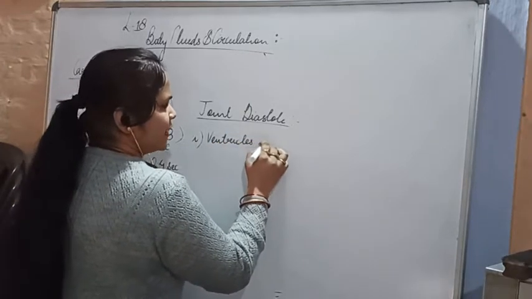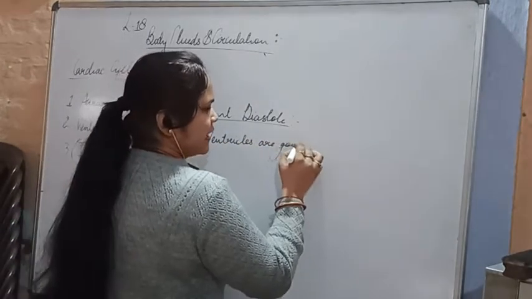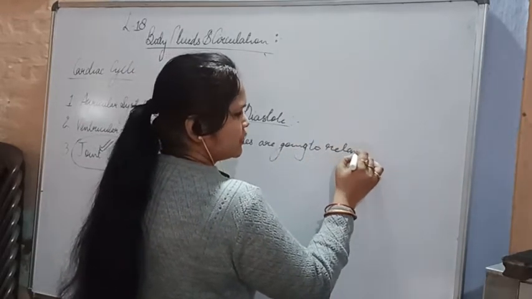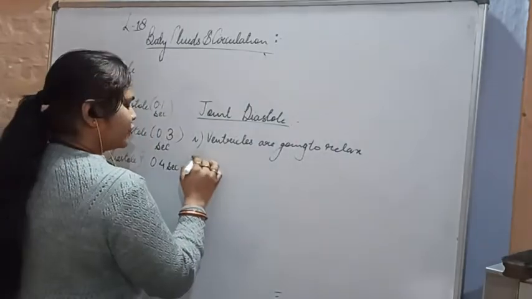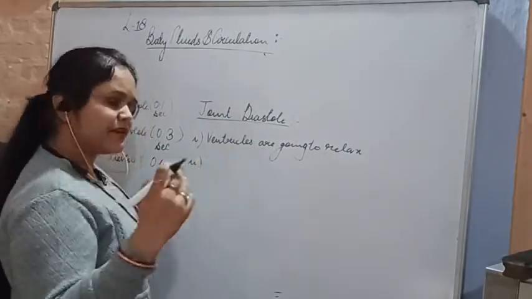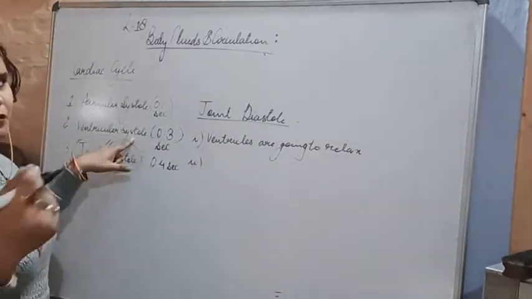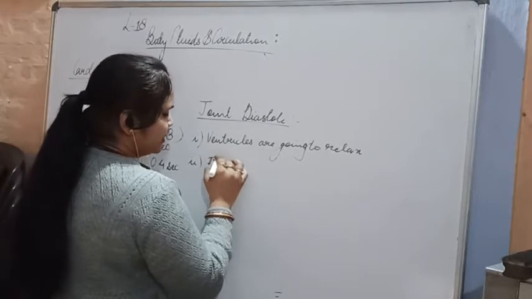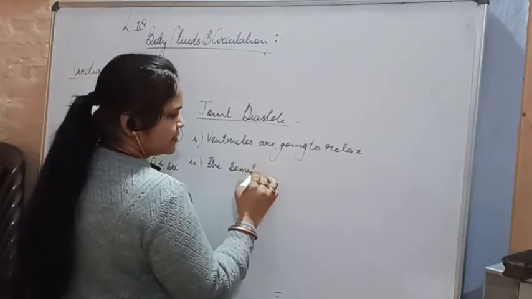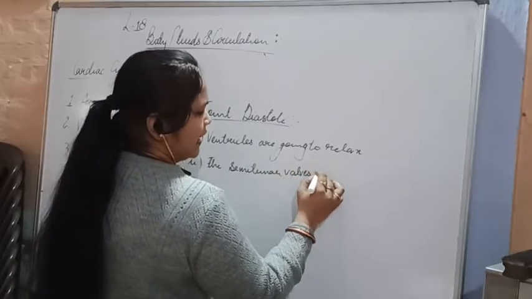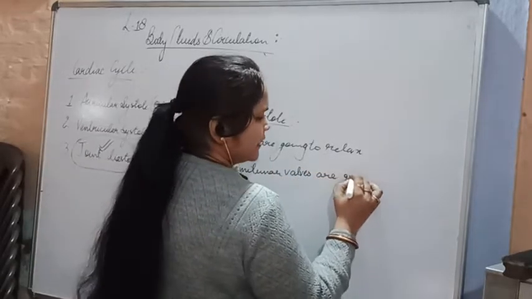Ventricles are going to relax. It means they are going into the diastole state. So when the ventricular systole is finished, they enter the diastole stage, and the semilunar valves are going to be closed.